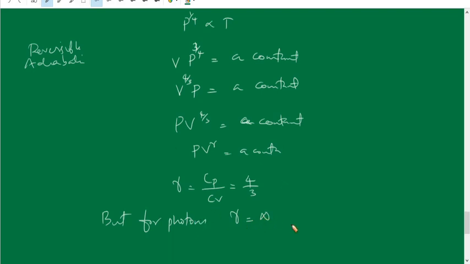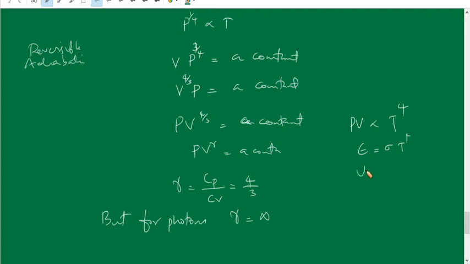So we have derived the pressure, PV, which is proportional to T raised to 4. This is another form of Stefan's law. And the radiant energy per unit time per unit area is also proportional to T raised to 4, where sigma is called the Stefan constant.